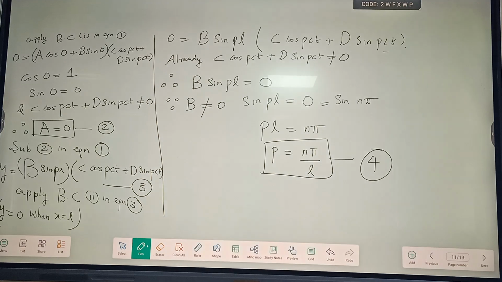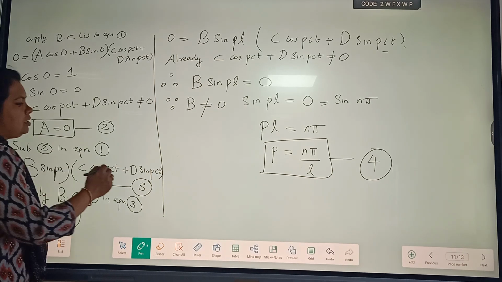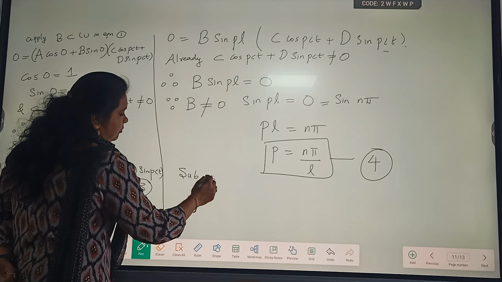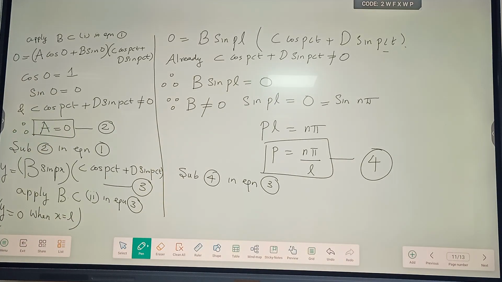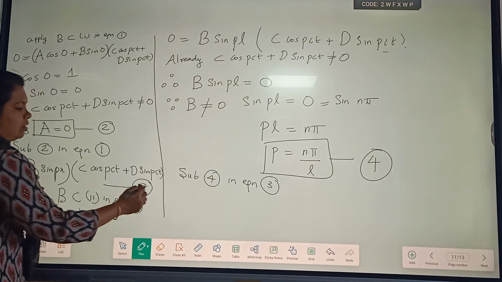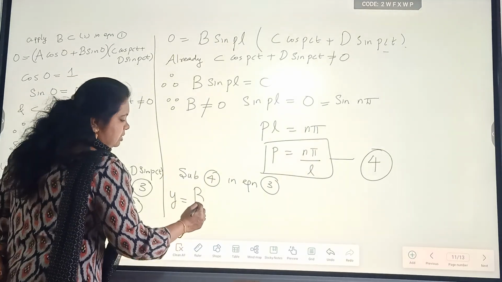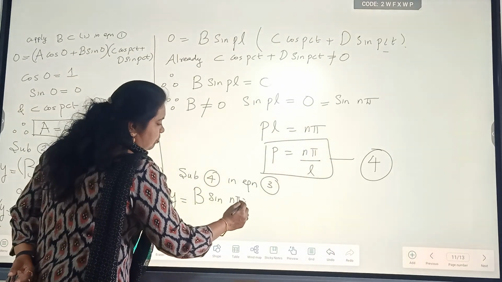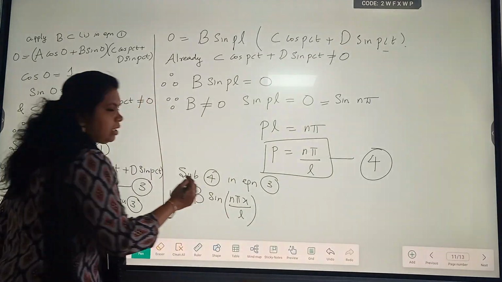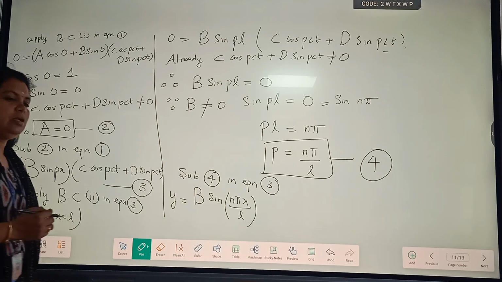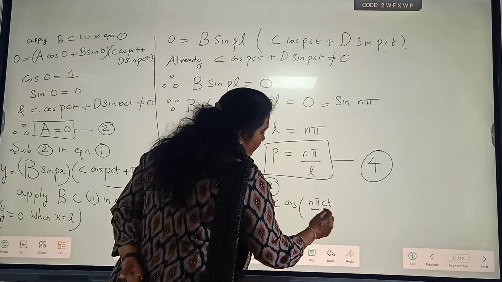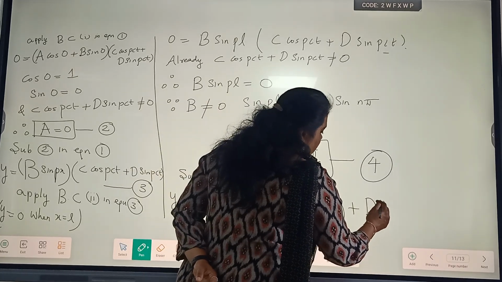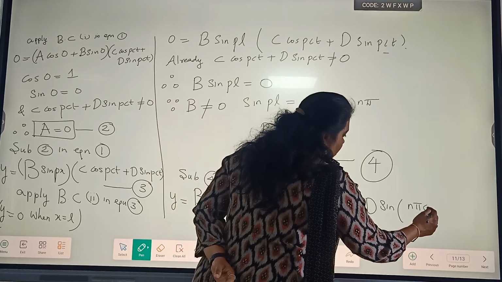Substitute 4 in 3. So y equal to B sin (n pi x by L). Whenever we get an angle, we should write it in this format. Angle into (C cos n pi ct by L plus D sin n pi ct by L).